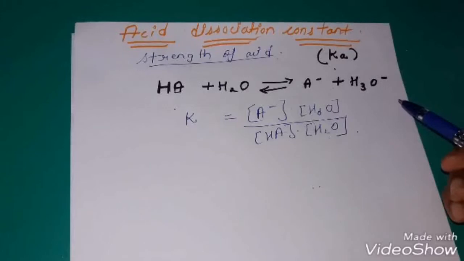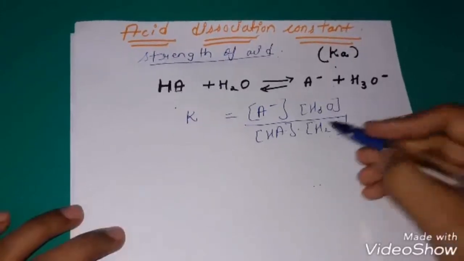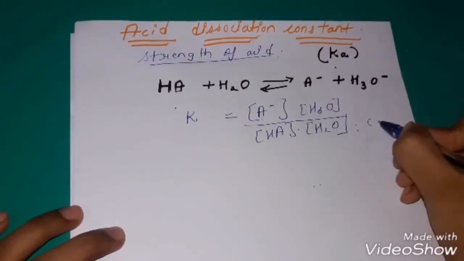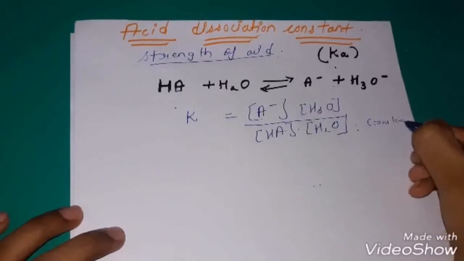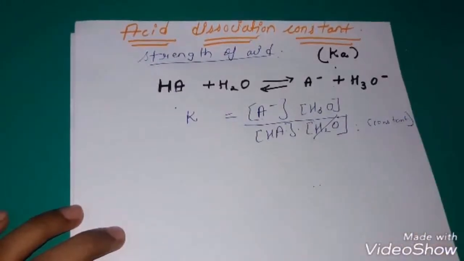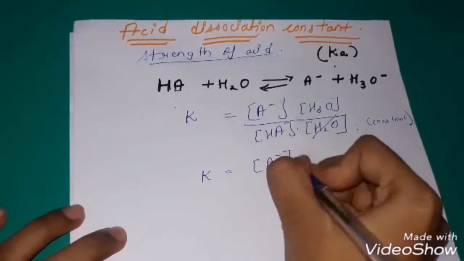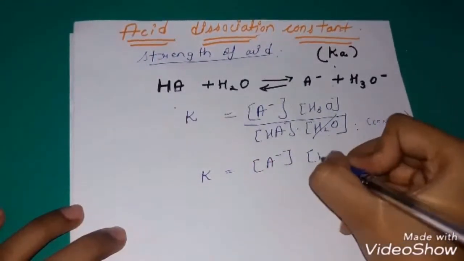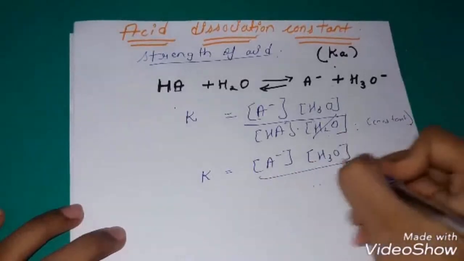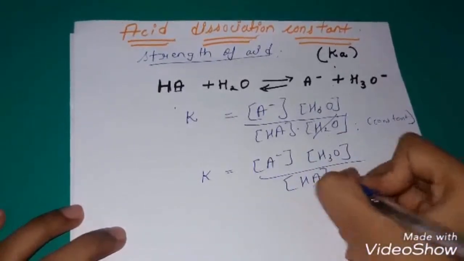So next step will be, we take water as constant, so basically this will be cancelled, and what we will get is the concentration of the conjugated base upon the weak acid.